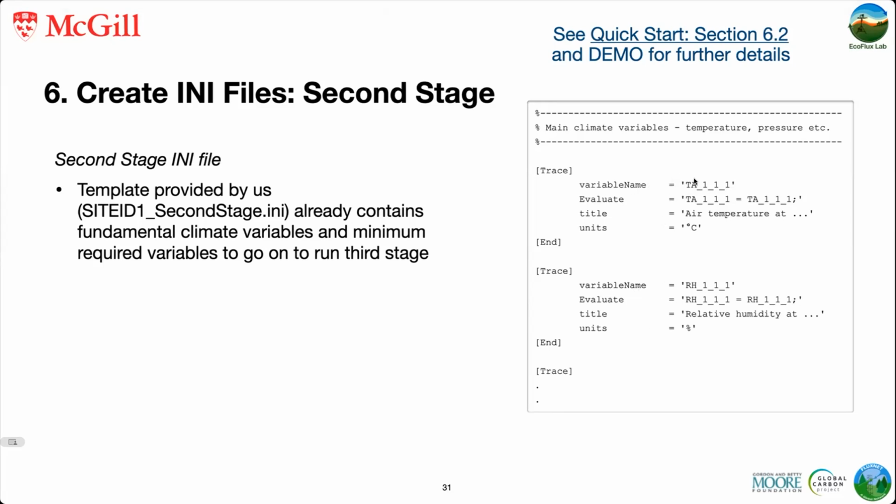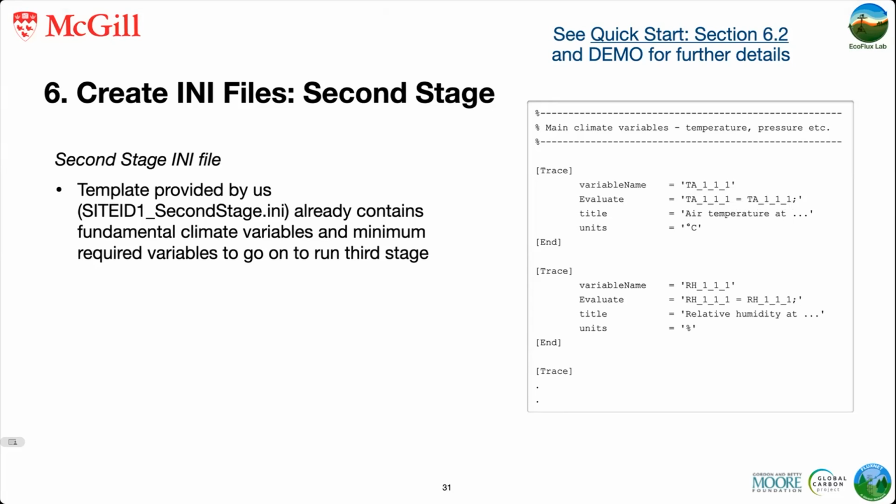So we're first defining a second stage variable name, and then we're saying for that variable, evaluate this statement. It says assign this variable from stage 1 into this variable from stage 2, and yes, it has the same name, but essentially any variables on the right hand side of the evaluate statement must come from stage 1, and so they must have already been defined and cleaned in your first stage ini file.